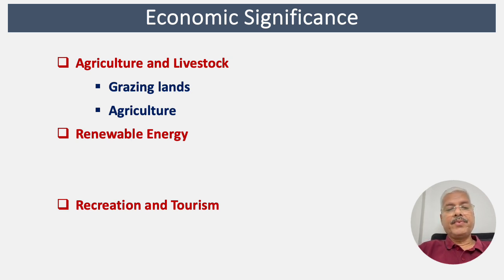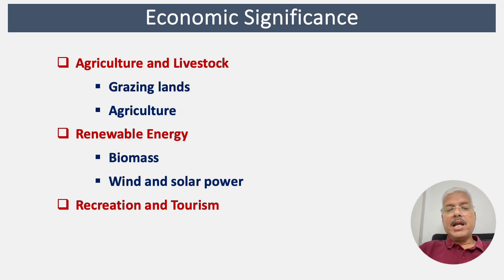global trade. Grasslands can be used to produce biomass, a renewable energy source that can be converted into biofuel, electricity, and heat. Grasslands, especially those with few trees, are ideal locations for wind and solar power generation.